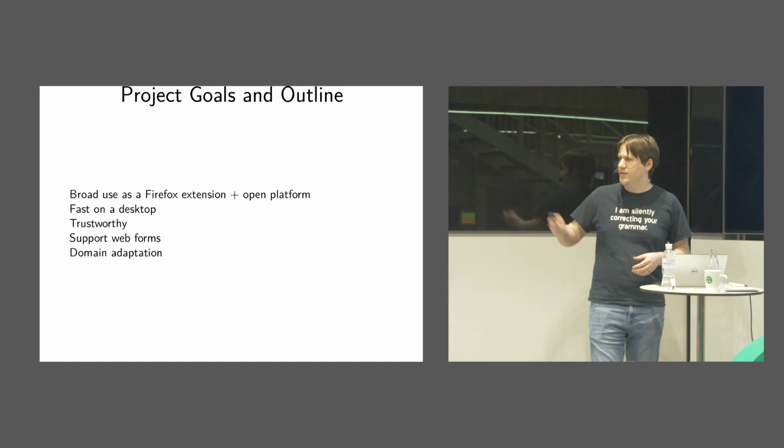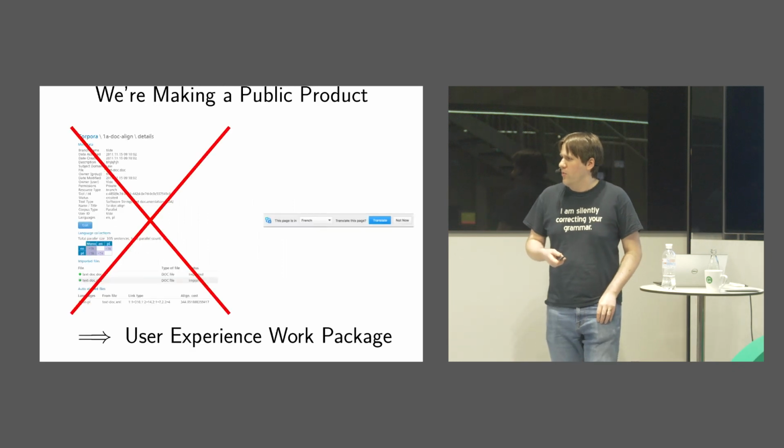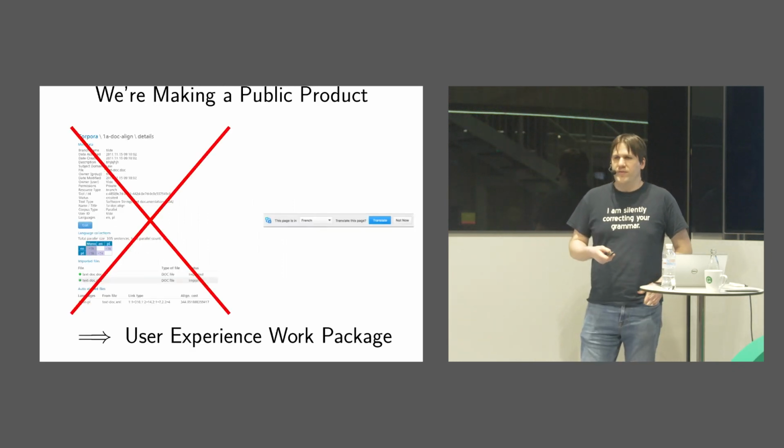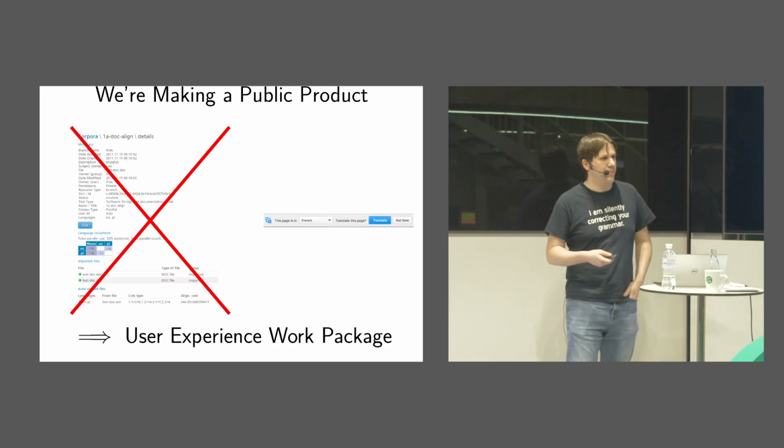And there's some other interesting features, and this is roughly an outline of features I will go through. So I don't know if you've been involved in European Union projects, but we're making a public product, not some demo, and we actually want it to be usable.